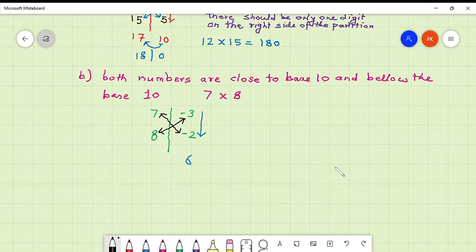So either 8 minus 3 is 5 or 7 minus 2 is 5. Now in this case, since on the right hand side of the partition there is only one digit, there is no carryover, and hence you get 7 into 8 is equal to 56.